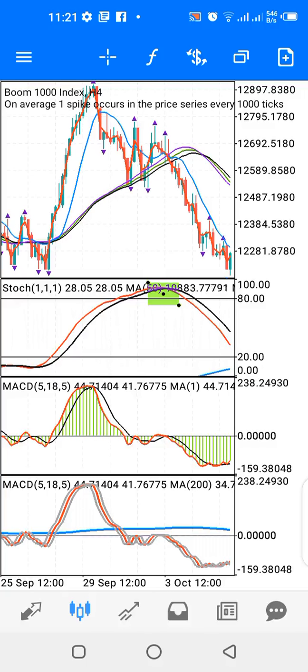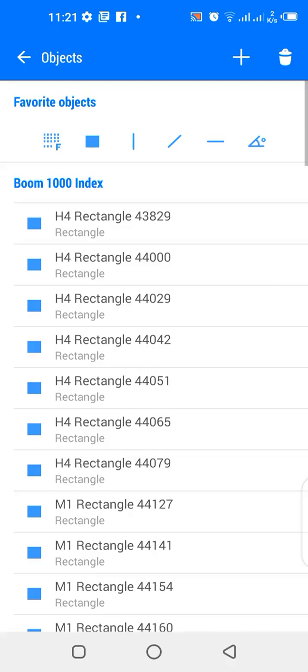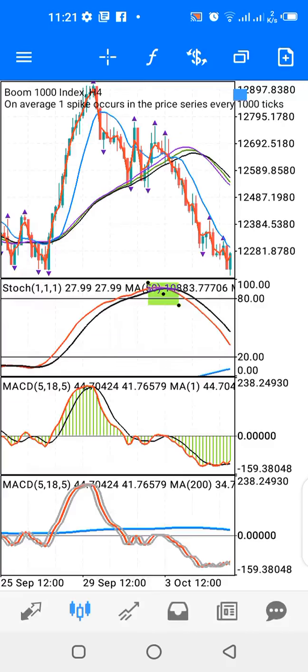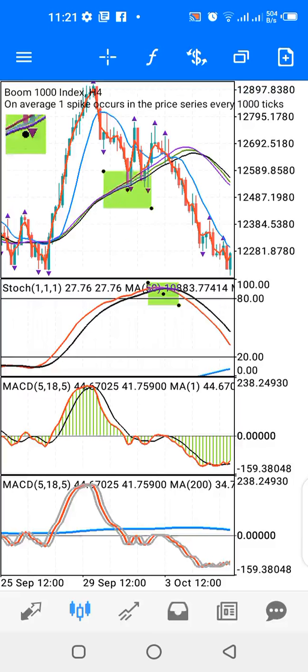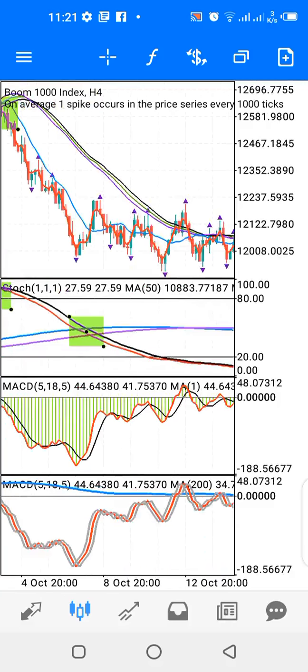So you allow the alignment of signals, like you have a sell signal on the main chart around there. You have a sell signal on the main chart around here. Then you also have a sell signal on indicator window 1 around here. So if you place your sell trade, you can see what happened.